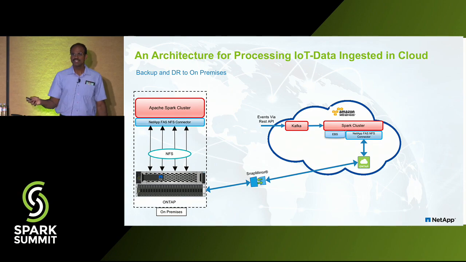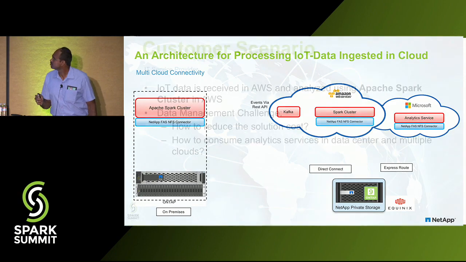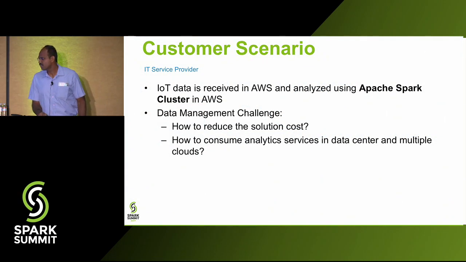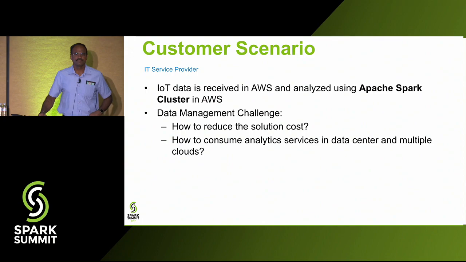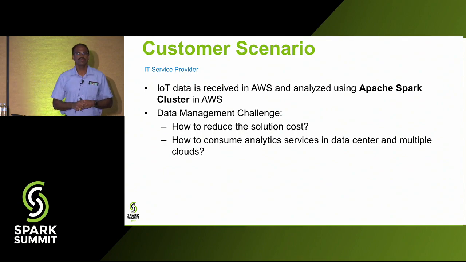Okay, so next one. This one is one of the IT service providers. This customer is receiving the data in AWS and doing the processing in the Apache Spark cluster.